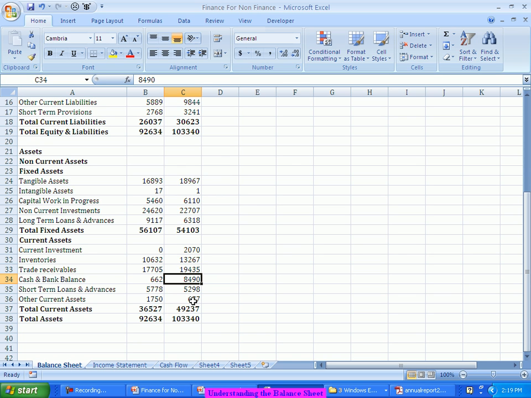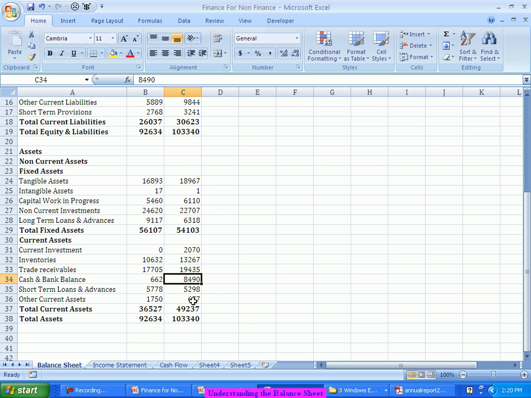Whereas a balance sheet... the cash flow statement shows the increase or decrease in the cash position exclusively in this year. For this year, how much cash is generated or how much cash is lost. So this year's cash, I add up to the balance as of last year end.